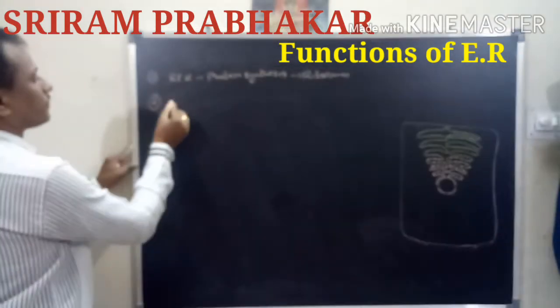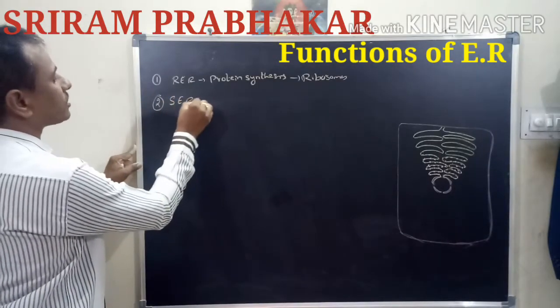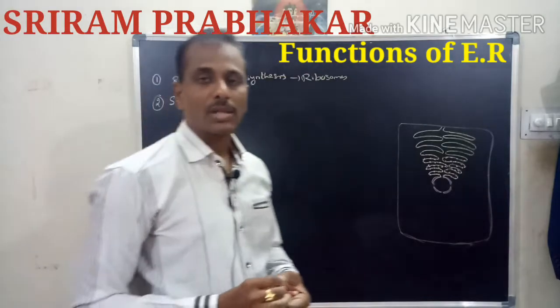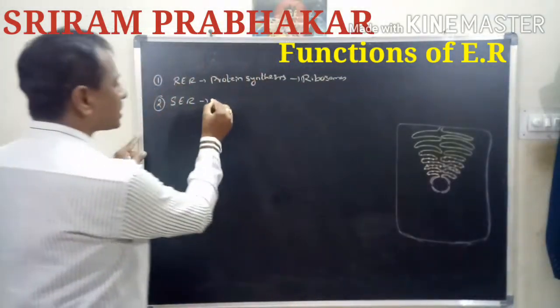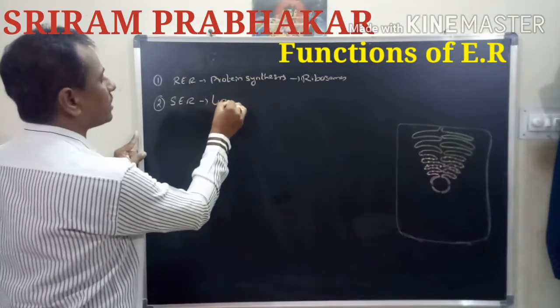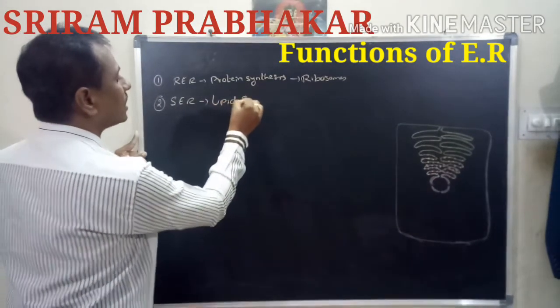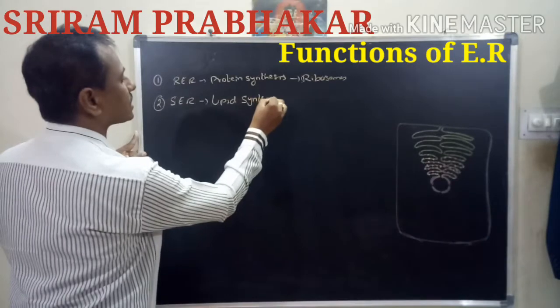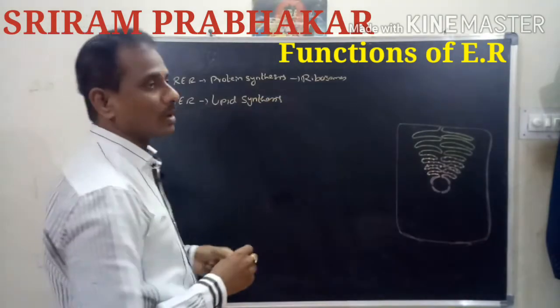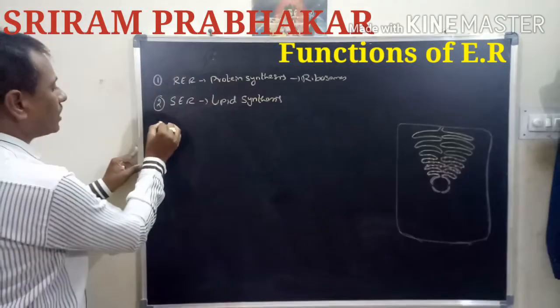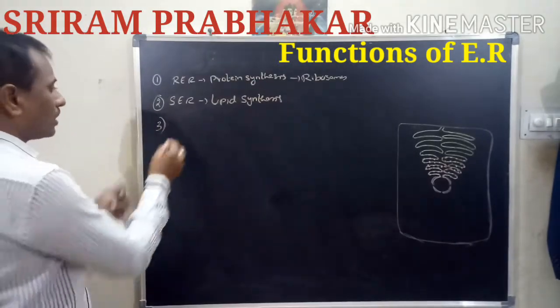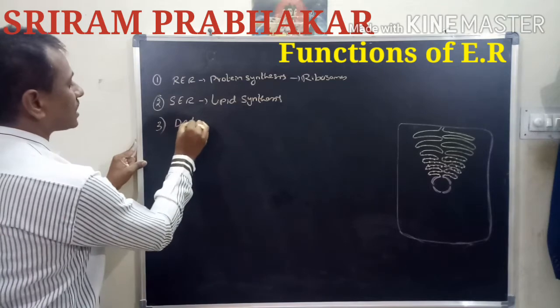It can help in the synthesis of proteins due to the presence of ribosomes. Then the second one, the smooth endoplasmic reticulum. The chief function of the smooth endoplasmic reticulum is that it helps in the synthesis of lipids. And also, the second function we already know is detoxification of the cells.